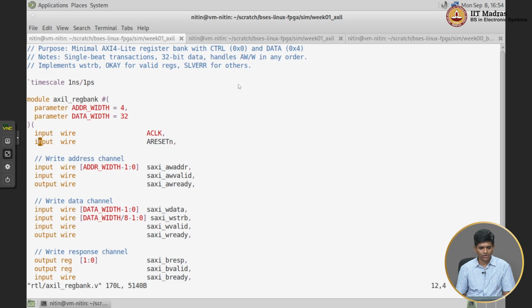you can see that there are, let's look at the different signals that are present, right. We have the two inputs, the clock and reset, and as you can see there are a lot of conventions that we follow, right. This A clock and A reset N, these are things which are commonly used in order to indicate the AXI clock and AXI reset, right. Using all capital letters is a common convention that Xilinx follows.